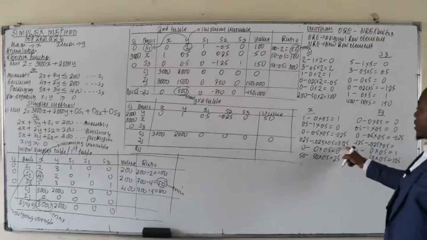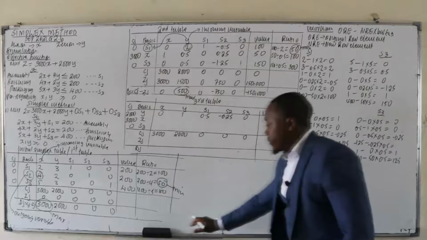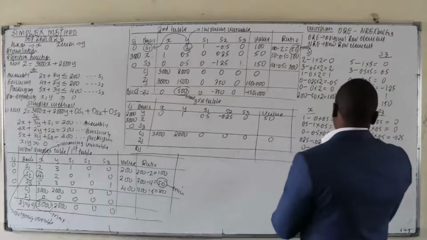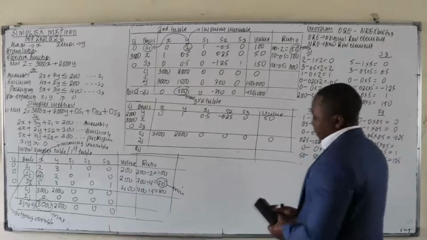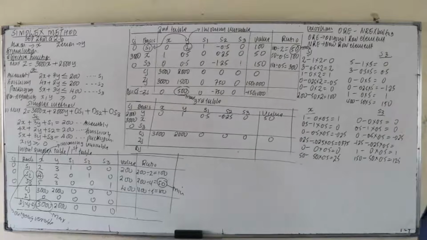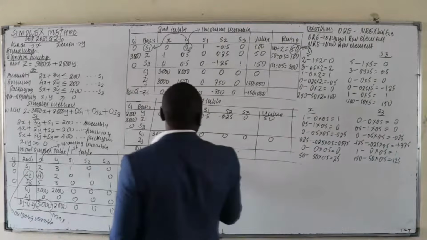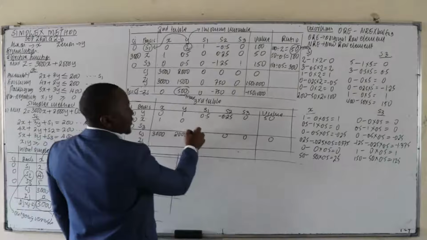This one. You are getting 0.375. Negative 1.375.